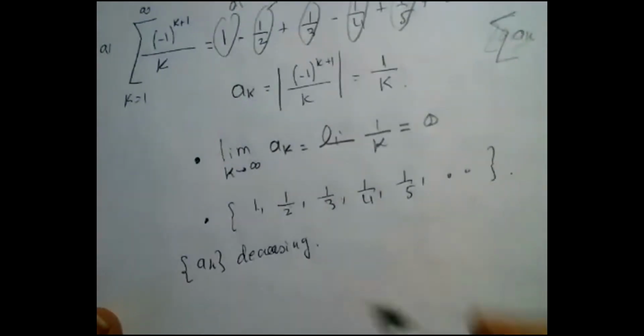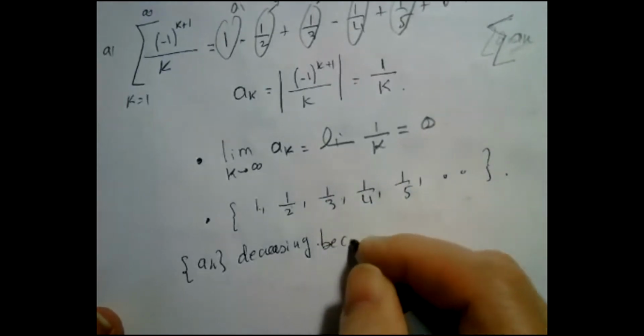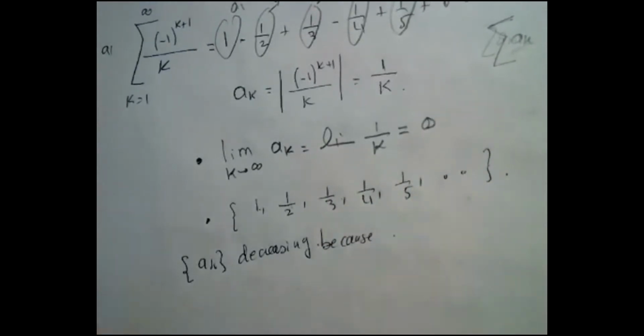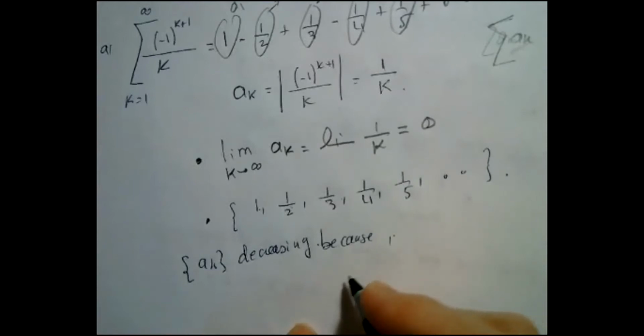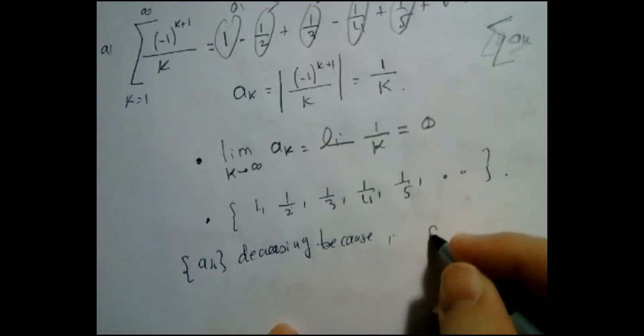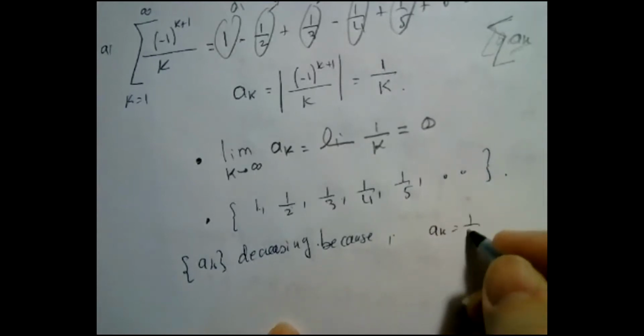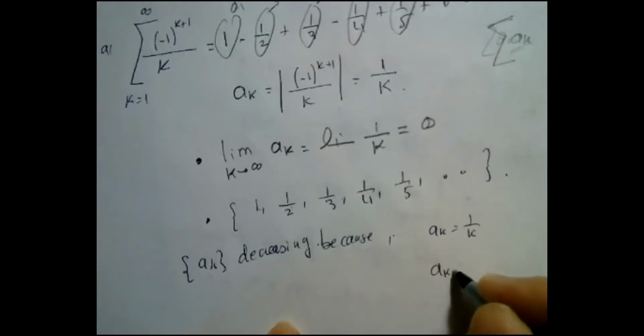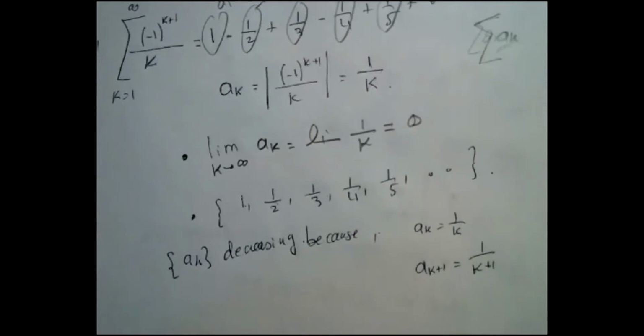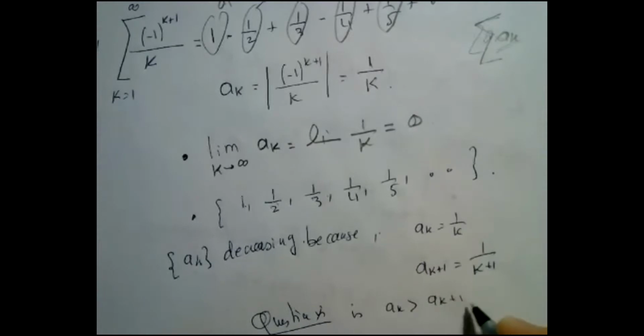Absolutely, and now mathematically, why decreasing? In general, AK is 1 over k. AK plus 1, the term that comes after it, is 1 over k plus 1. And the question is, is AK larger than AK plus 1?